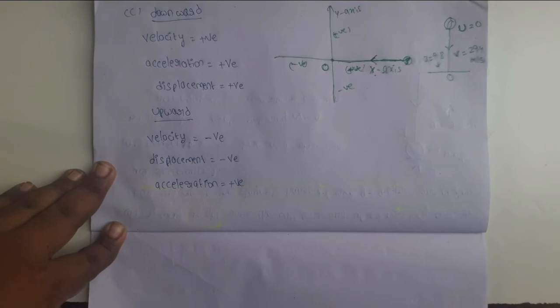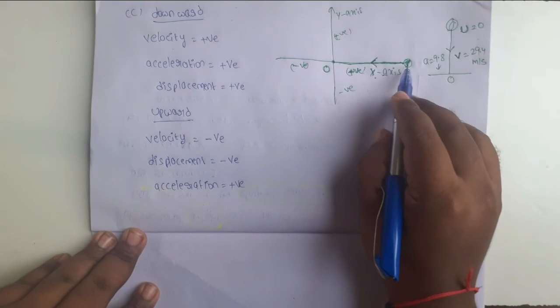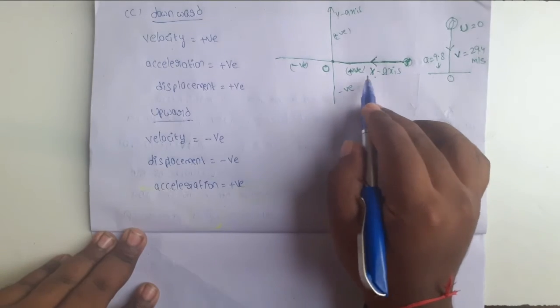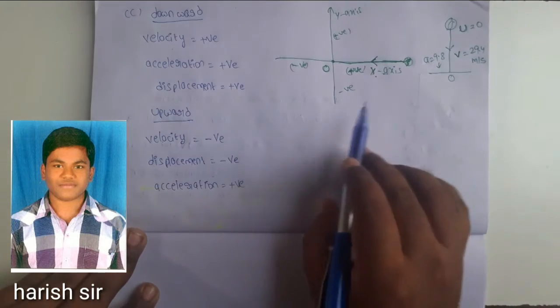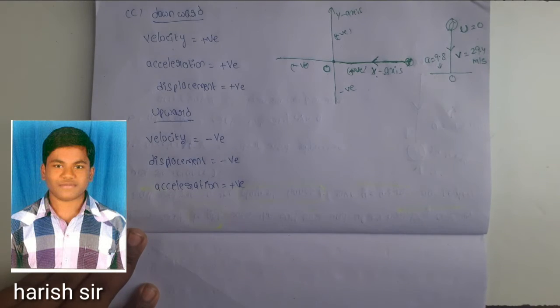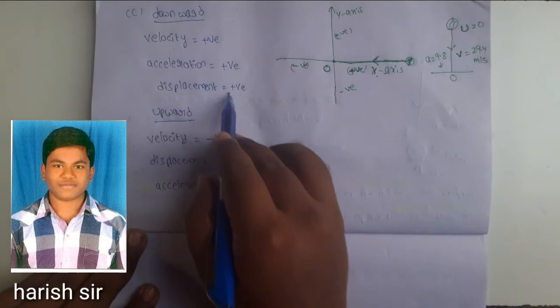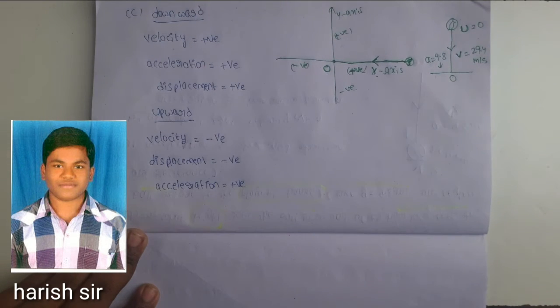A ball is moving along the x-axis in the positive direction. In that situation, the signs of velocity, acceleration, and displacement are identified.